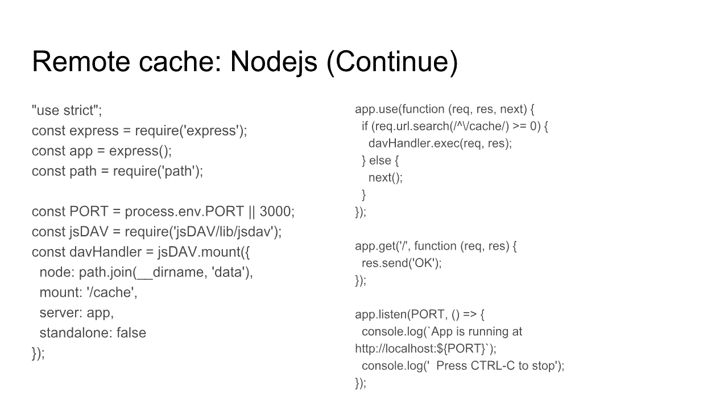And then you can also set up other middleware, the app.get for the root. If it's not cache, you can send an OK or something like that. For example, if it's a root, we just send OK, or you can say something else. And in the end, we start this Node.js app on port 3000.